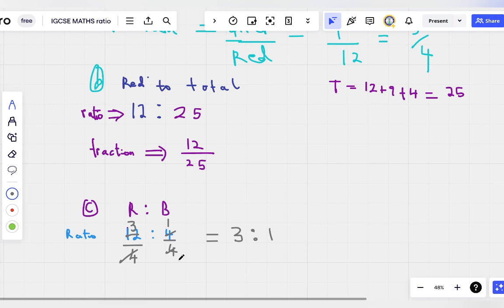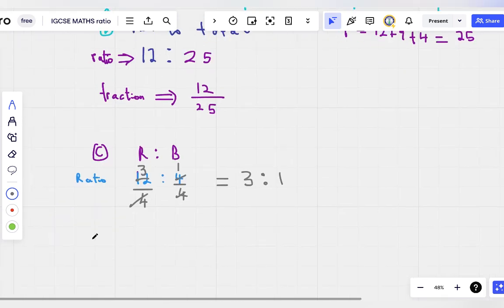So if you want to put this in fractional form, it's the same thing we've constantly written. In fraction, this will become 12 over 4, the ratio of the red car, or you write R over B, so that you don't get confused.